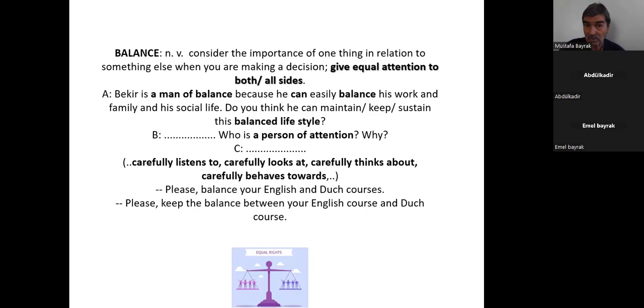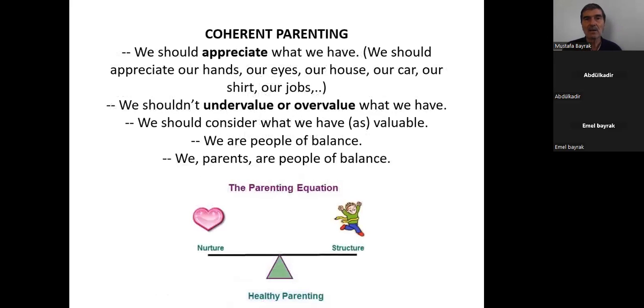Yeah, this is also important. Balance is both noun and verb. Please balance your English and Dutch courses. Please keep the balance. This is a noun here. Please keep the balance between your English course and Dutch course. Okay, keep the balance. Sustain the balance. Maintain the balance.